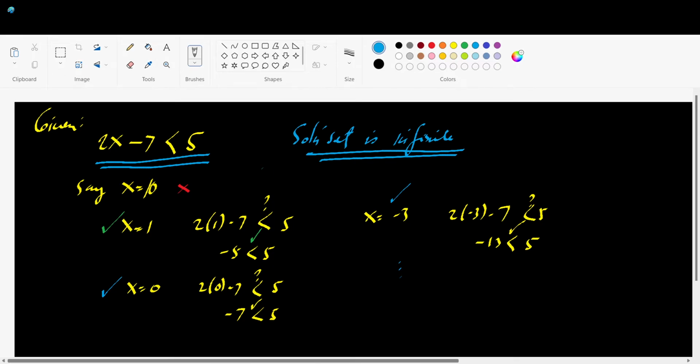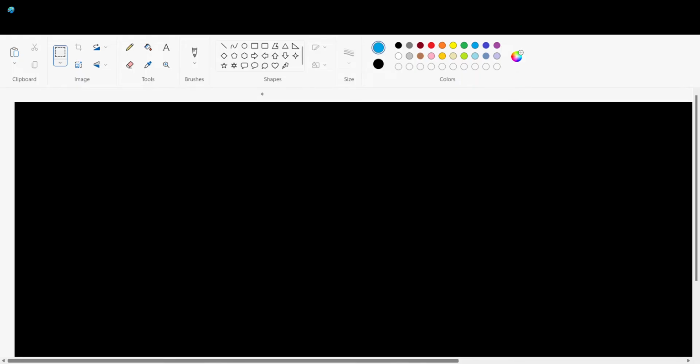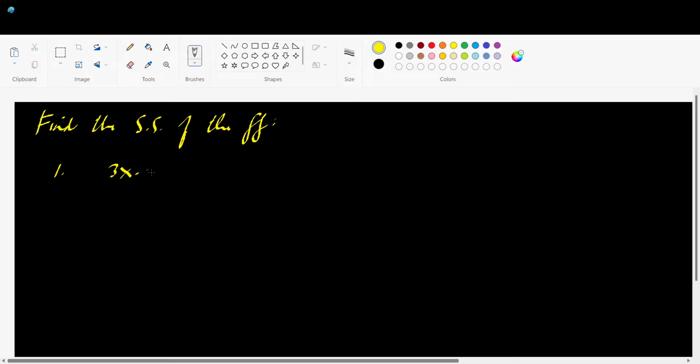So that's what we're going to do. We will look for the solution set, or the set of numbers satisfying a given inequality. So we find the solution set of the following inequalities. Let's start with 3x minus 5 greater than 2x plus 1.